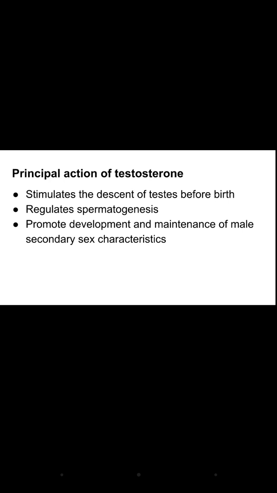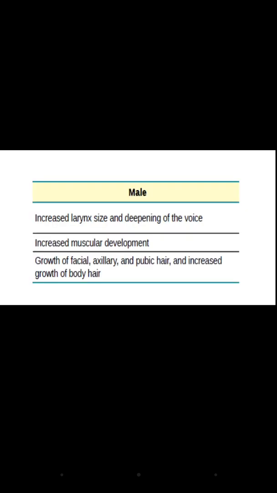Testosterone also promotes the development and maintenance of the male secondary sex characteristics. These include, for example, increased larynx size and deepening of the voice, then muscular development, then growth of facial, axillary and pubic hair, and increased growth of body hair like in the chest area.